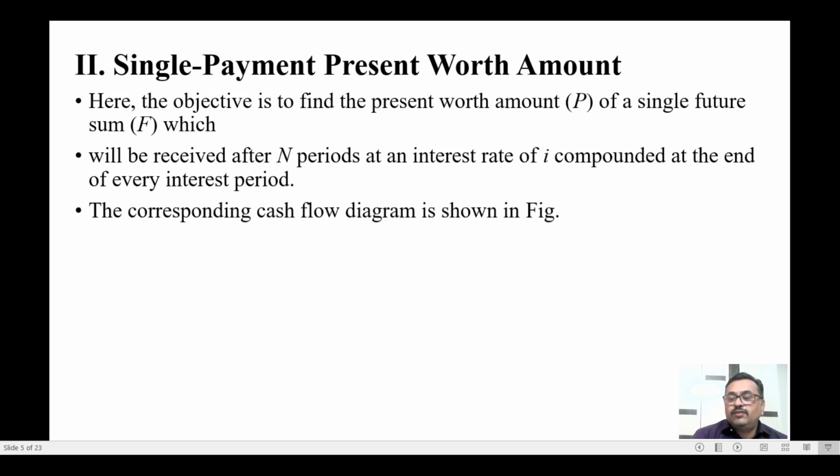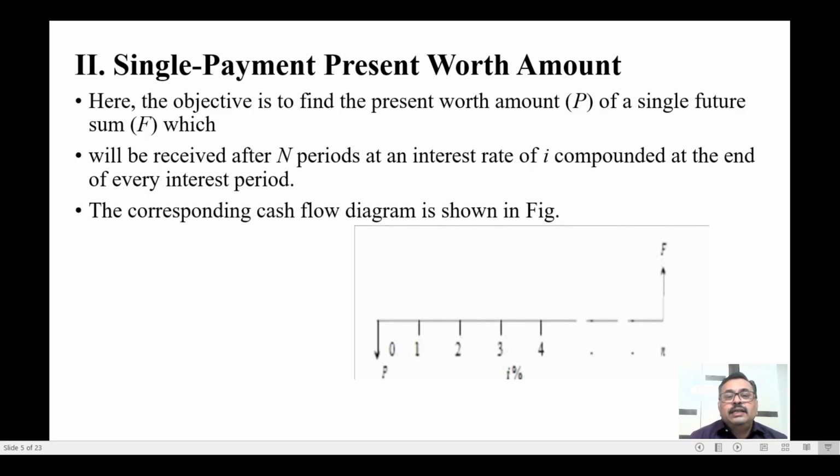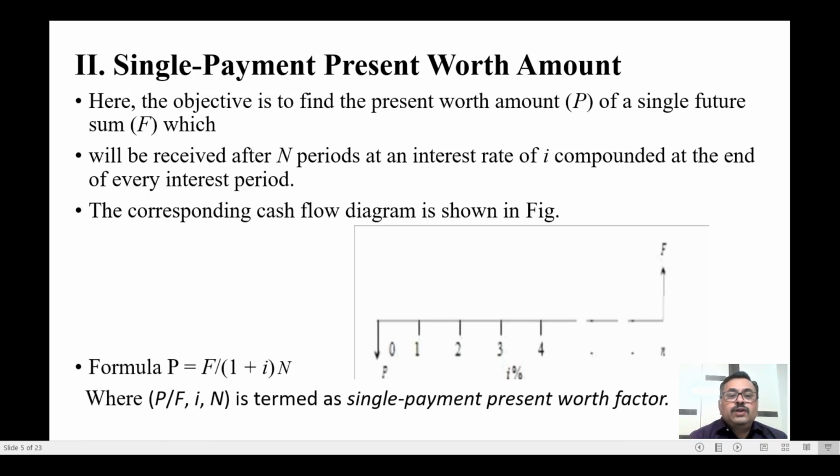The corresponding cash flow diagram is shown in the figure here. Here F is given, and P we have to calculate. F is given with an interest rate I and also the time period N. The formula that we are using here is P is equal to F into 1 divided by (1 plus I) to the power of N. We represent this as P by F comma I comma N because we have to calculate P. F, I, N is given here.